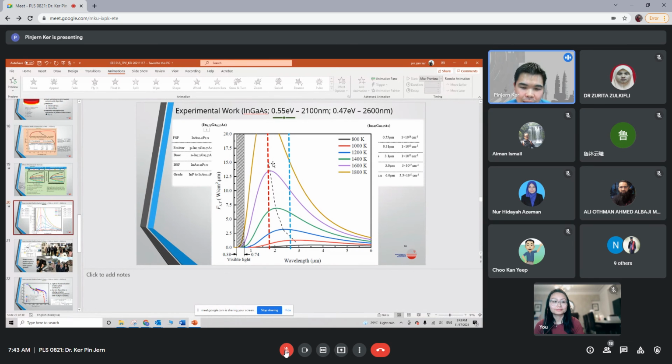Also, another thing to take note of is that as you lower the temperature, the peak wavelength shifts towards the right, which means you need an even narrower band gap to capture that heat. At least until now, TPV has shown some capability down to about 500 Kelvin to harvest some useful power.